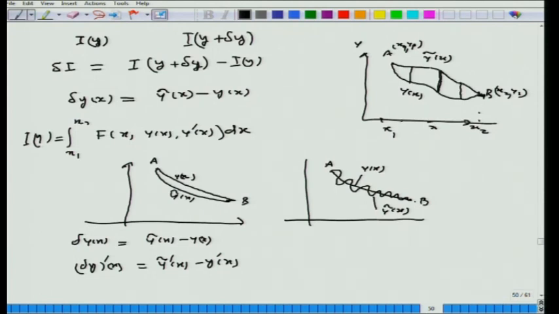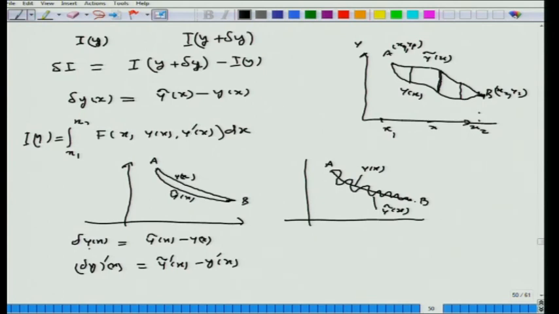So, it is a function of x when x varies over the interval x1 to x2, and then here we want to see what is I(y plus delta y). So, here y will be replaced by y plus delta y, and y prime will be replaced by y prime plus delta y prime, that will also come into the picture.